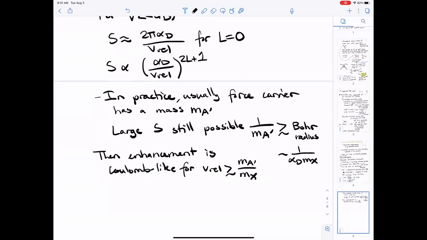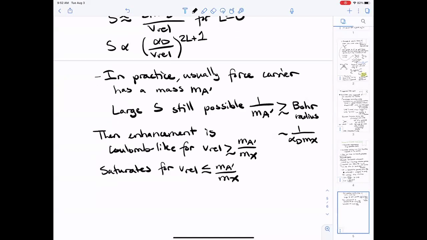But once the velocity becomes small compared to that parameter, the enhancement just saturates at a level that depends on M_A' over M_χ. So you get a 1 over v scaling down to some minimum velocity that's set by the mass of the force carrier, and then the enhancement flattens out.